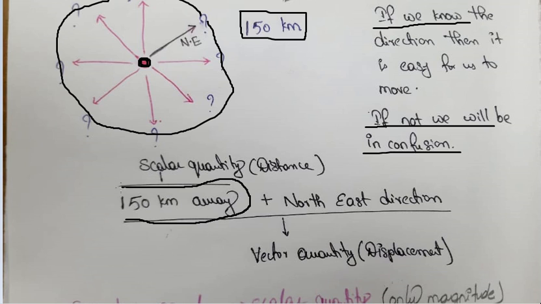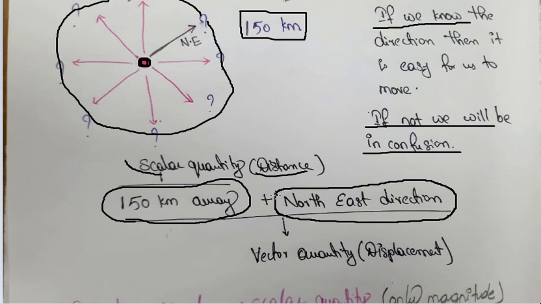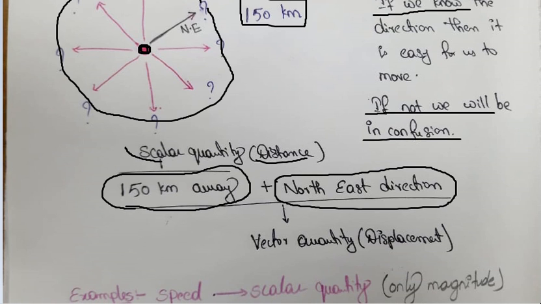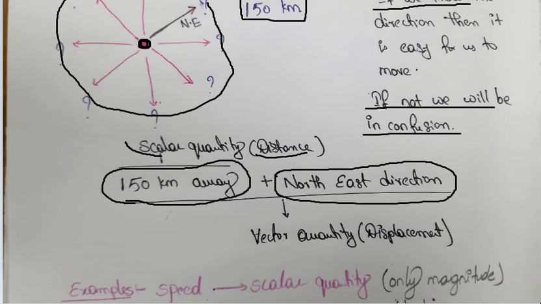If we know only information about a distance or a quantity which has only a number, we will take it as a scalar quantity. If we have a direction, in which direction we need to move so that we are able to reach that particular point, then we have two-dimensional information, and I will term it as a vector quantity.